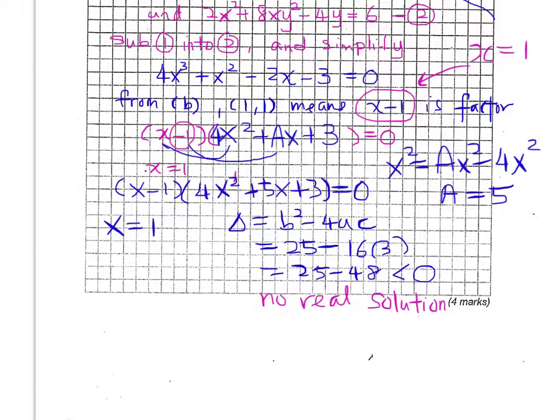But there are no other points, meaning that the curve and the normal at that point (1, 1) do not meet again. So therefore, you just conclude that the normal does not meet the curve again. So that's it. I hope you try to understand this, and all the best.